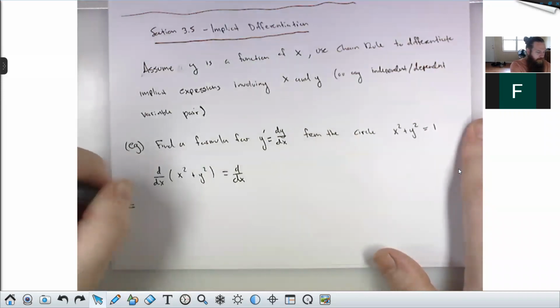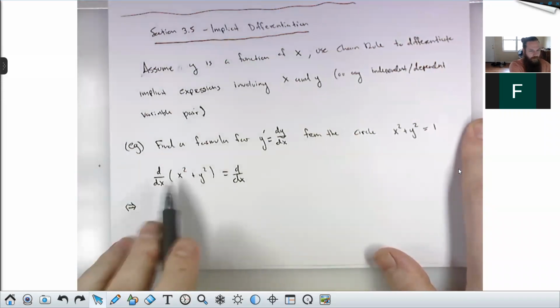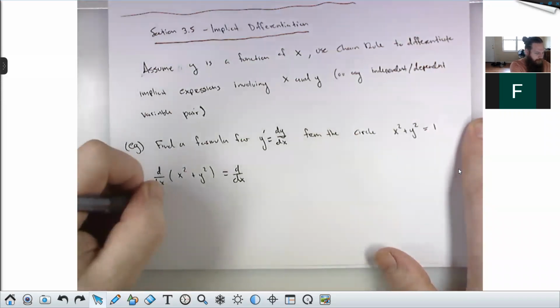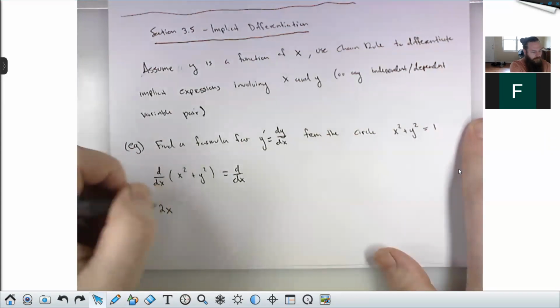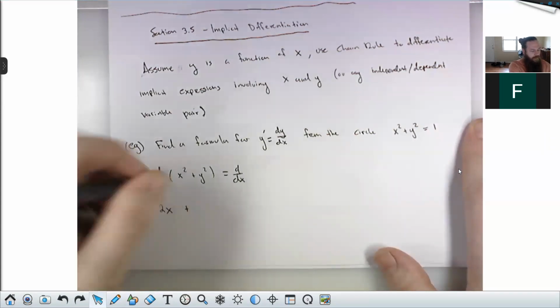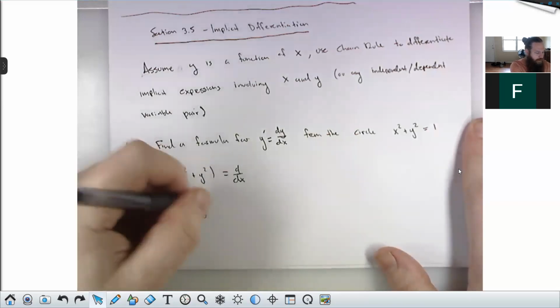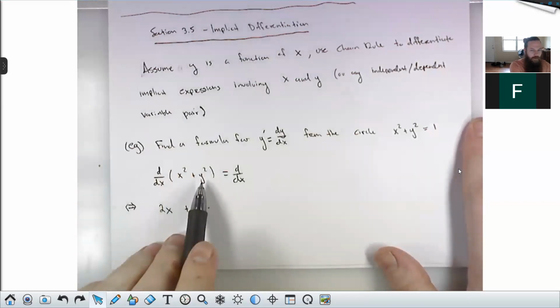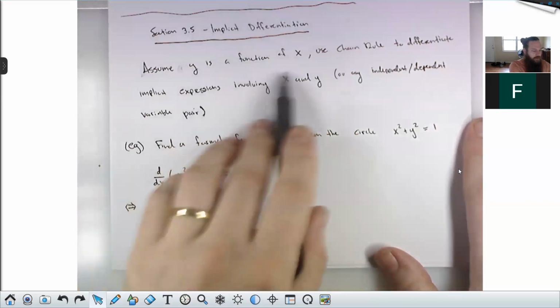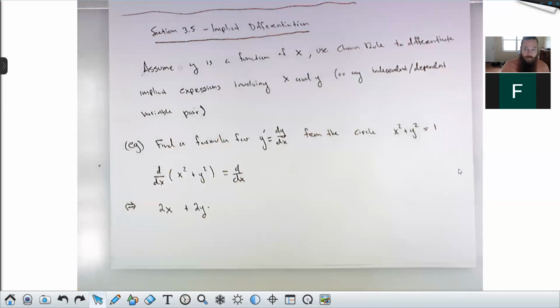If I do that, the derivative ddx of x squared is 2x plus the derivative of y squared is 2y times the derivative of the inner function. Remember, y, we're assuming here, is a function of x, right? In other words, this is like an outer and an inner function.